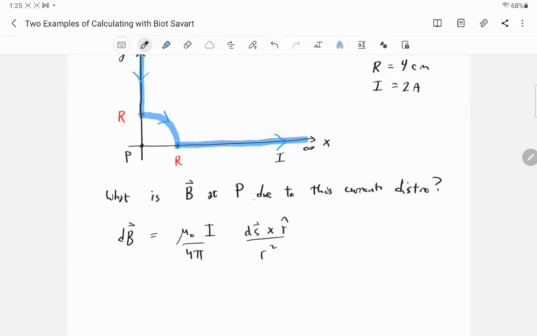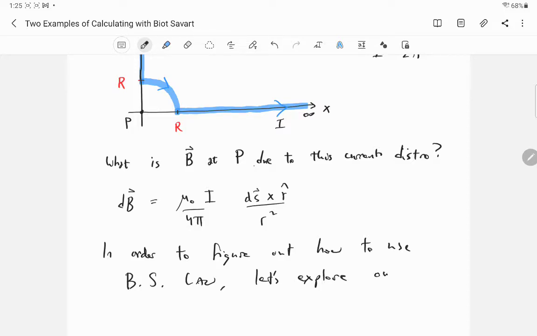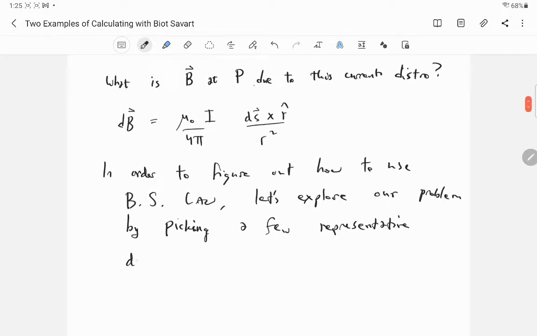So in order to figure out how to use the Biot Savart law, let's explore our problem by picking a few representative ds segments.